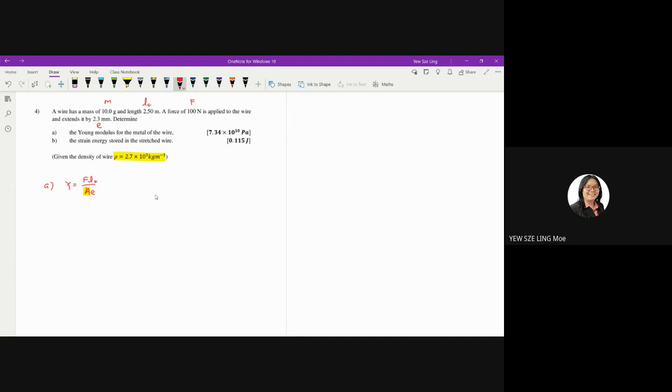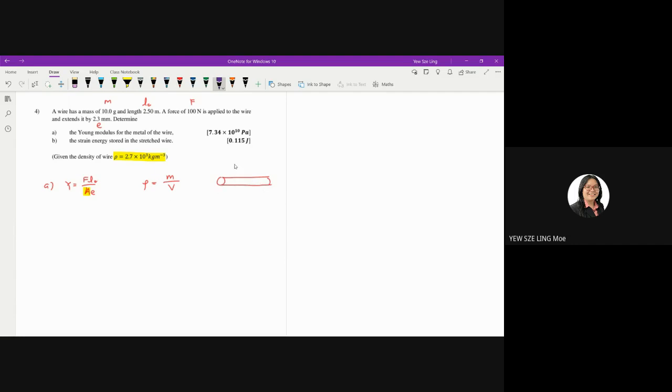So density rho, we know it equals m over V. You have a wire, and the shape of the wire is a cylinder. So for a cylinder and rho, what is the relationship? Now you have a quantity called V. How do we determine the volume of a cylinder?